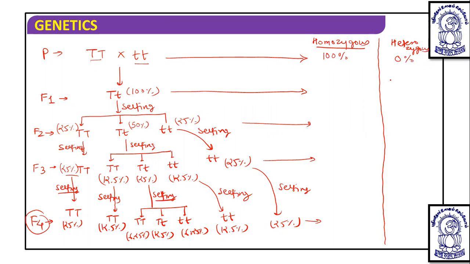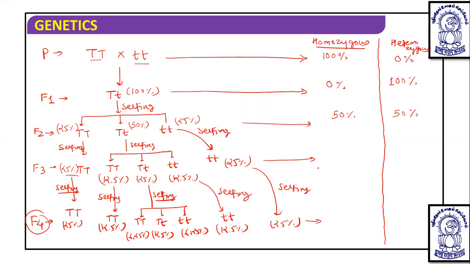But in F1, it is completely opposite: 100% heterozygous and 0% homozygous. Then we carry out selfing of this heterozygous, so in F2 we remain with 50% heterozygous and 50% homozygous, that is capital T and small t combined.